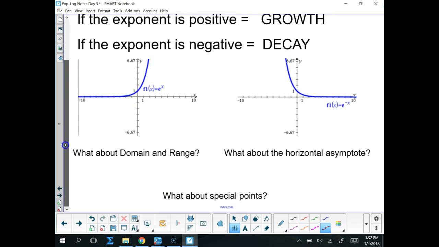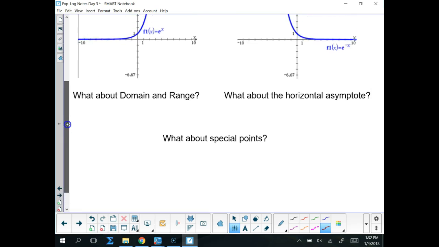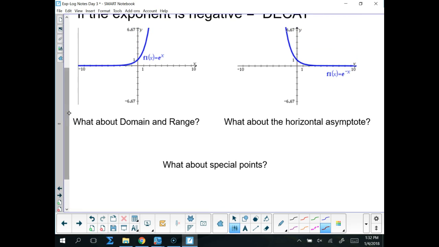So my question to you is this. Looking at the exponential growth and the exponential decay, what about the domain and what about the range? Domain. All real numbers. Didn't change. It's still an exponential function. So the domain is still all real numbers.